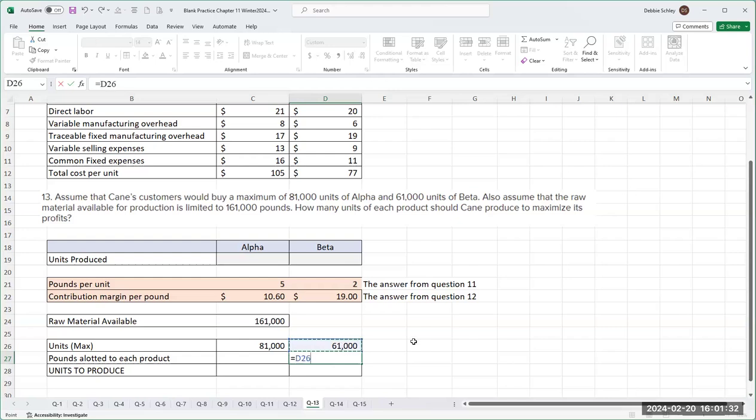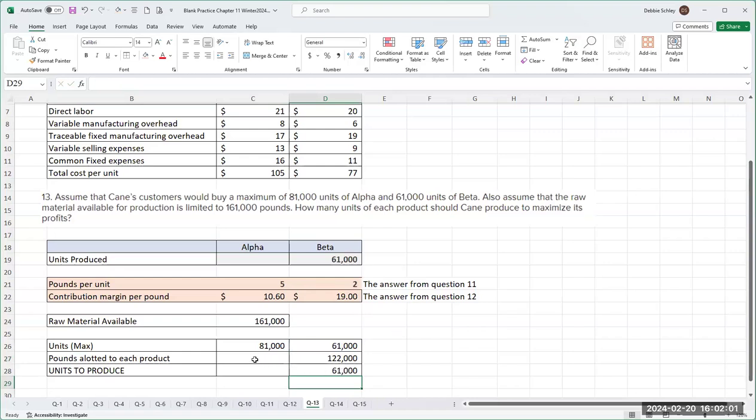So 61,000 units times 2 pounds per unit. That was the answer from question 11. And this contribution margin per pound, that was the answer from question 12. Okay, so if I make 61,000 units of beta, so right, I'm gonna make all of these.